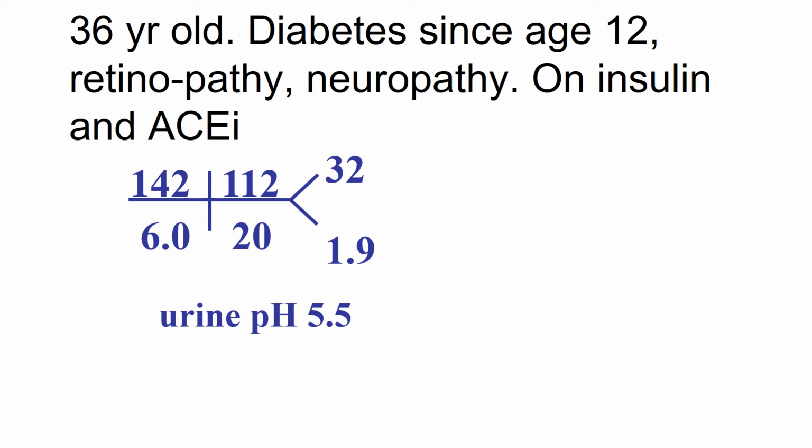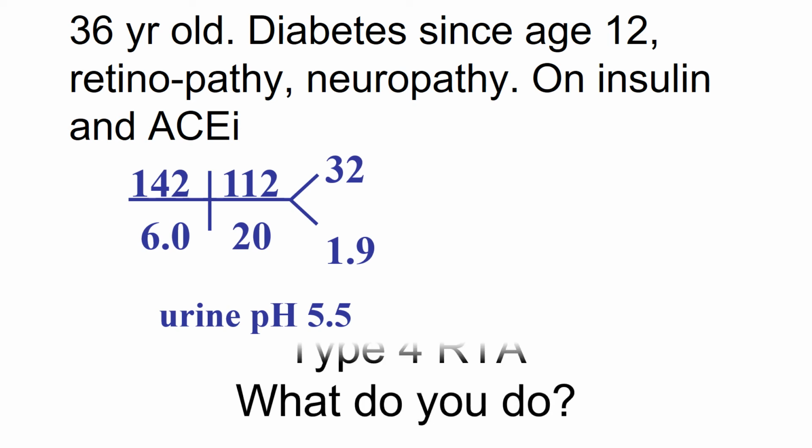The anion gap is 142 minus 132, which would be 10. So your anion gap is normal, right? So this would be a type 4 RTA, especially given that the serum pH is low in all of these patients.